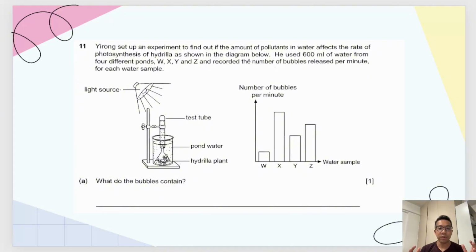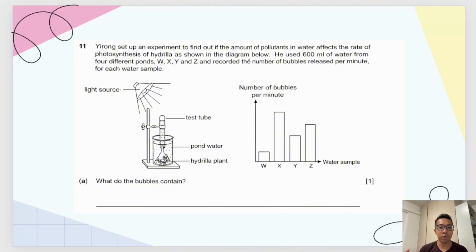As some of you might have guessed, if the water contains more pollutants, less light will reach the plant. So the more polluted the water is, less light will reach the plant, and this in turn will result in a lower rate of photosynthesis.